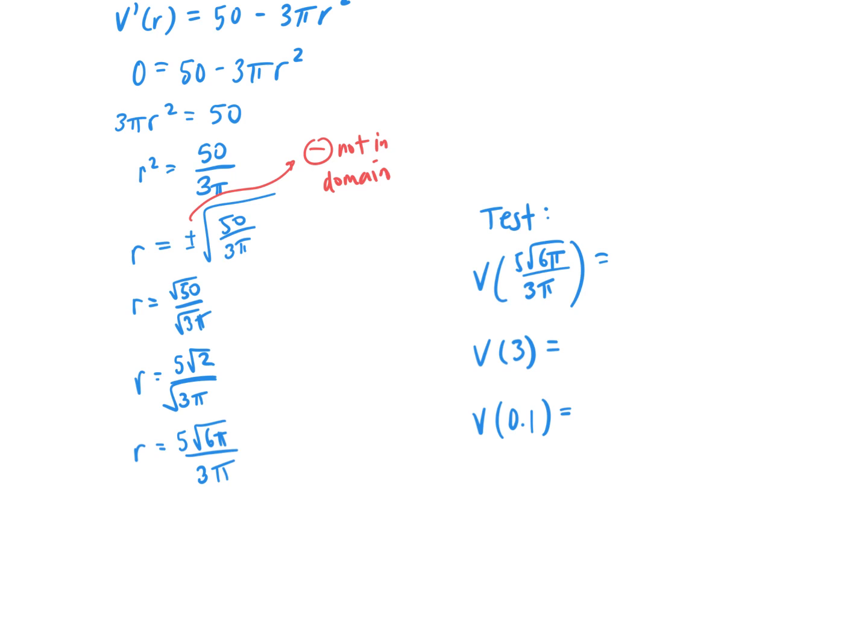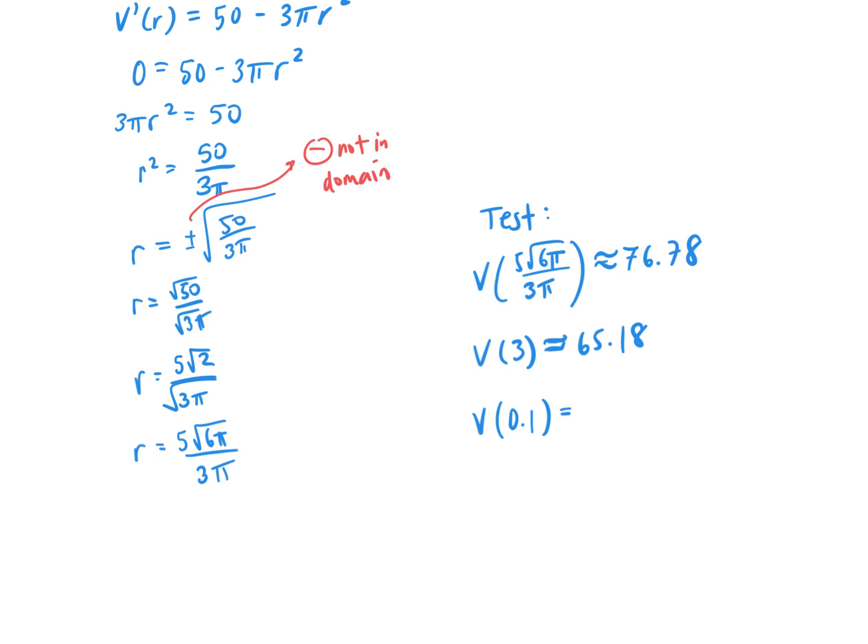So now I'm going to go to my calculator. I will estimate the volumes if I don't get an exact number. So when I plug in that critical point, I get around 76.78. When I plug in 3, I get approximately 65.18.